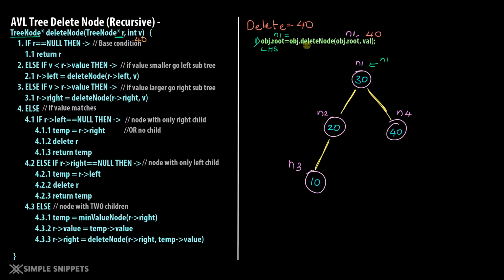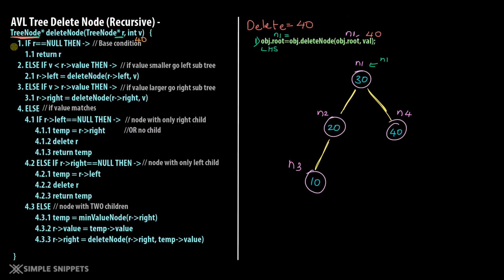The reason why this delete node function is on the right hand side is because it will return us the pointer back again. So you can see the return type is tree node star. So this delete node function will return us the pointer of type tree node, and on the left hand side also we have a pointer root which is also of type tree node. So that's why we need something on the LHS to catch that pointer that returns back from this function. And if it is still confusing, don't worry, let's first proceed ahead and you'll get a hang of it.